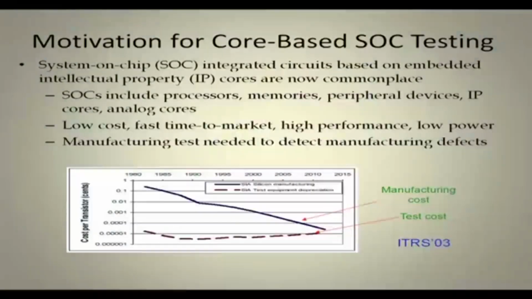On the other hand, the test cost initially dropped with the increase in the number of transistors. The ratio of ATE cost to cost per transistor was reducing, but now it has again started increasing. From around 2000 onwards, we can see a steady increase in the test cost, and it is very likely that there will be an overshoot, where test cost will cross the manufacturing cost.